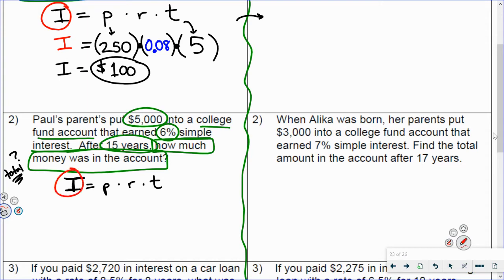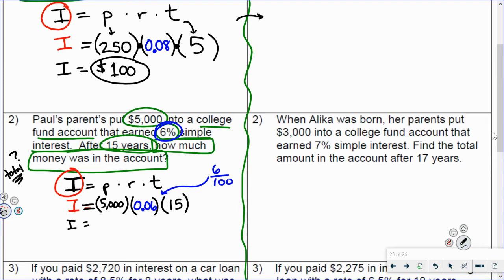Once again, we find that the interest is what is not known, but every other amount is known. We have $5,000. That's the initial principal amount. We have 15 years. And as we've said before, let those alarm bells go off. 6% literally means 6 hundredths. You may write it as a fraction or as a decimal, but most of us write 6 hundredths as a decimal.